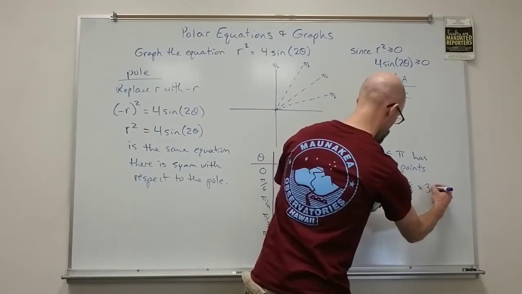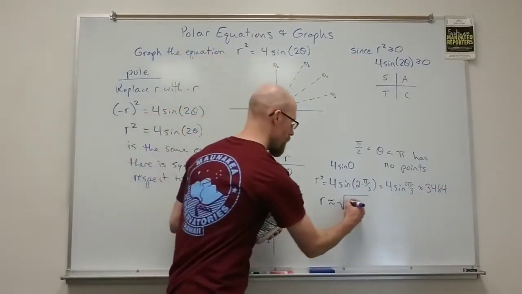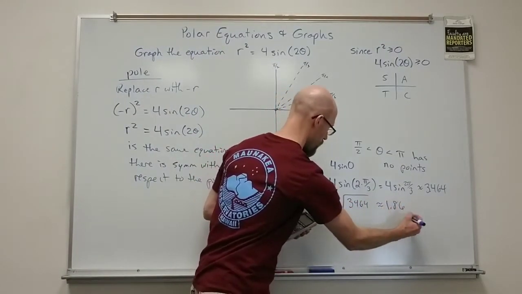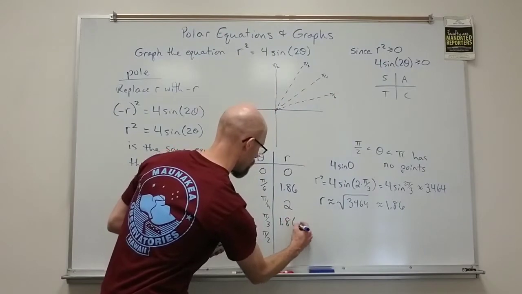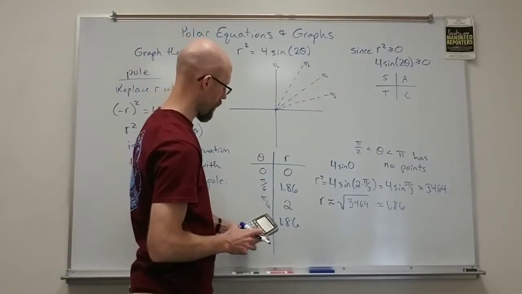Same thing we had before, 3.464. And of course, I know that the square root of 3.464 will be approximately 1.86. That's what we had just a moment ago. So that works out.